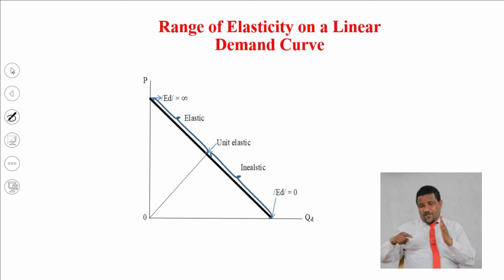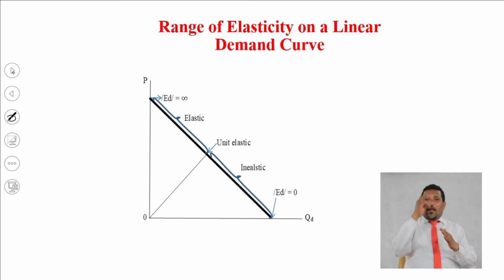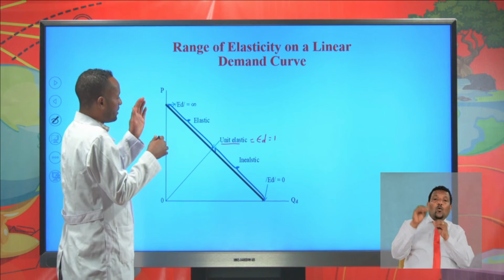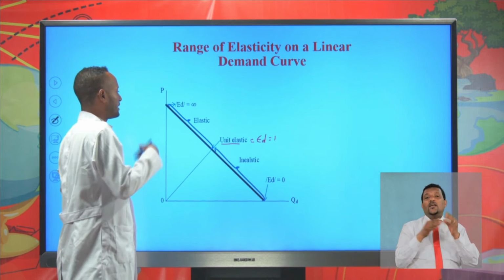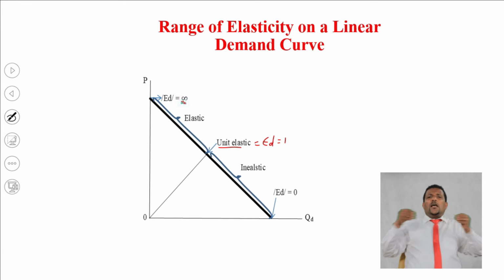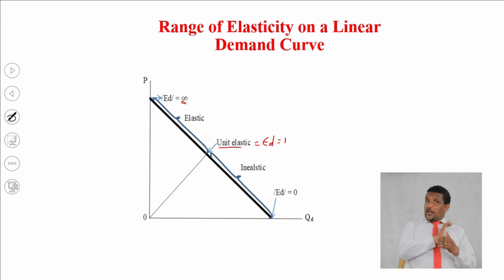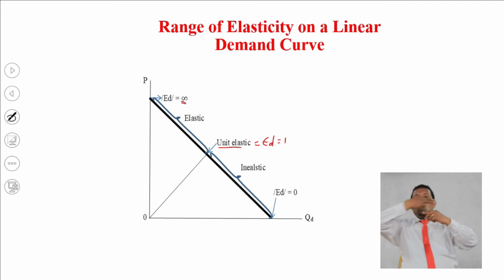Now let's see the range of elasticity of demand on a linear demand curve. This line divides the x and y axes into two. At this midpoint, demand is unit elastic. That means the price elasticity of demand is 1. As one moves towards the y-axis from the midpoint, elasticity tends to be greater and greater. And finally, at this point, the price elasticity of demand is infinity, and this linear demand curve takes the characteristics of a horizontal straight line demand curve.